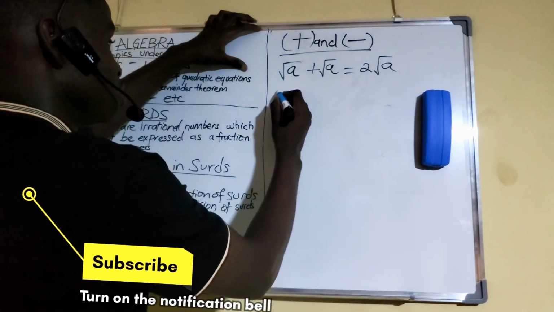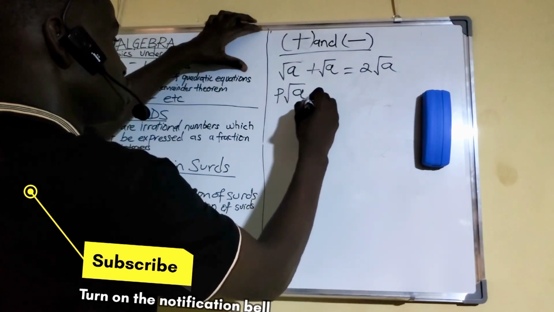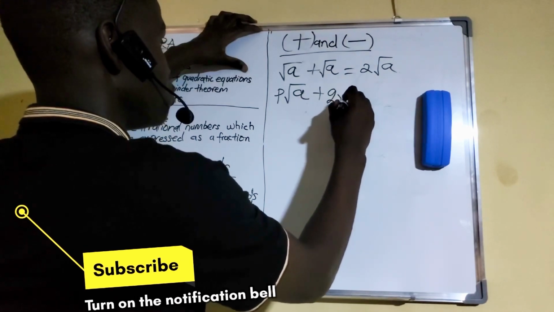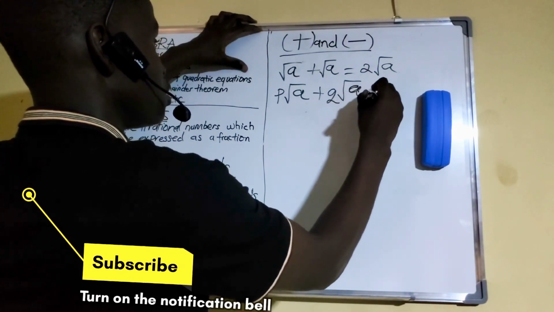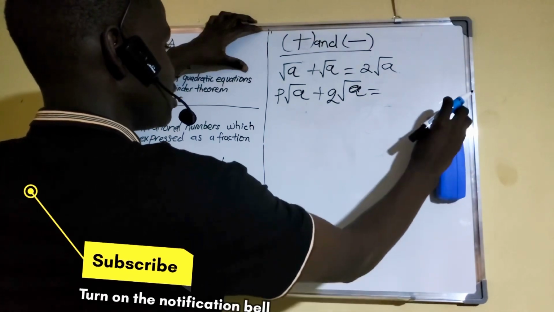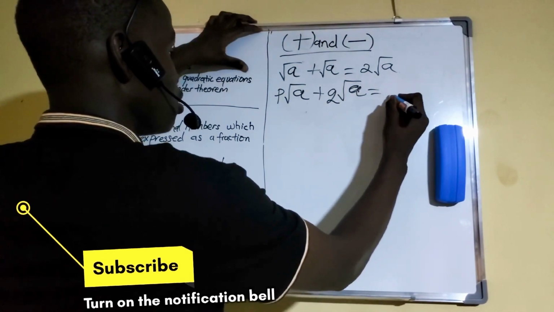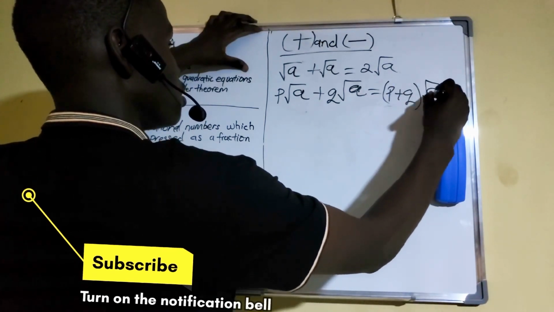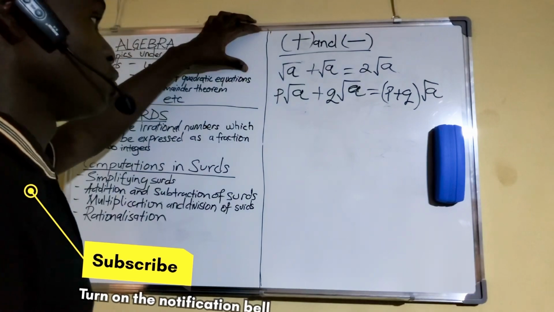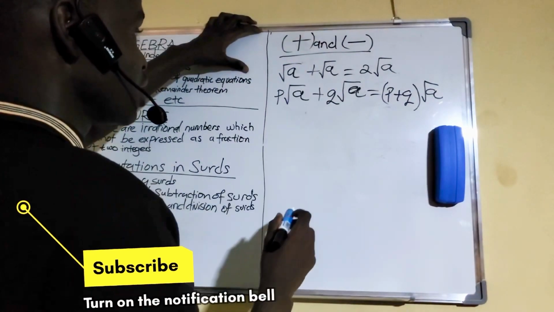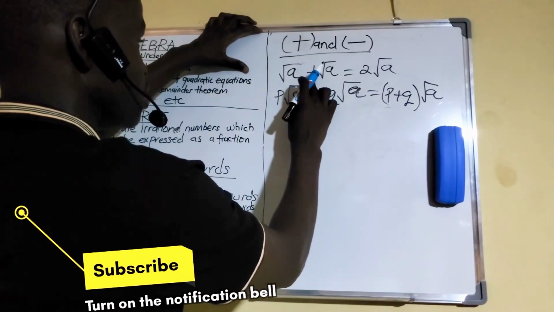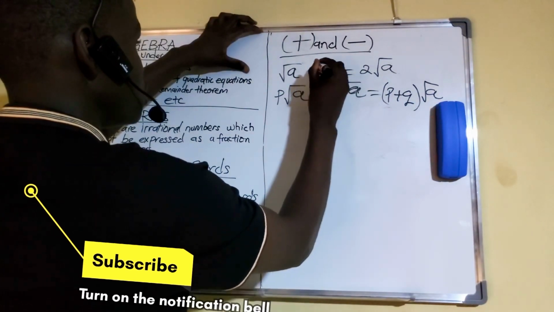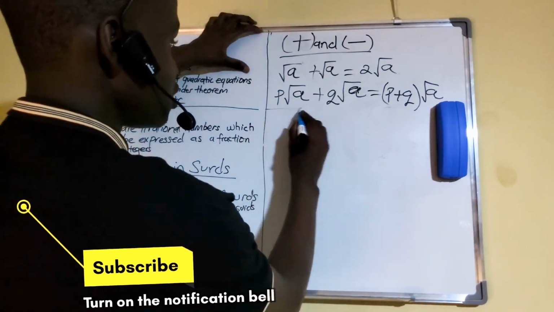If we have the same thing as having p root a, now this is a multiple, then plus maybe q root a, we can simplify this to give us p plus q, root a. But we should take note, where we see the addition sign, we can also replace this with a subtraction sign, and maybe we can talk about it separately. Now this is for addition.